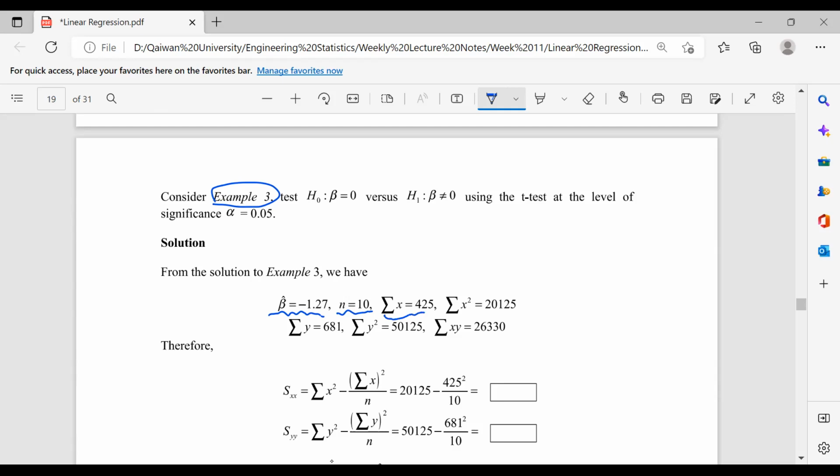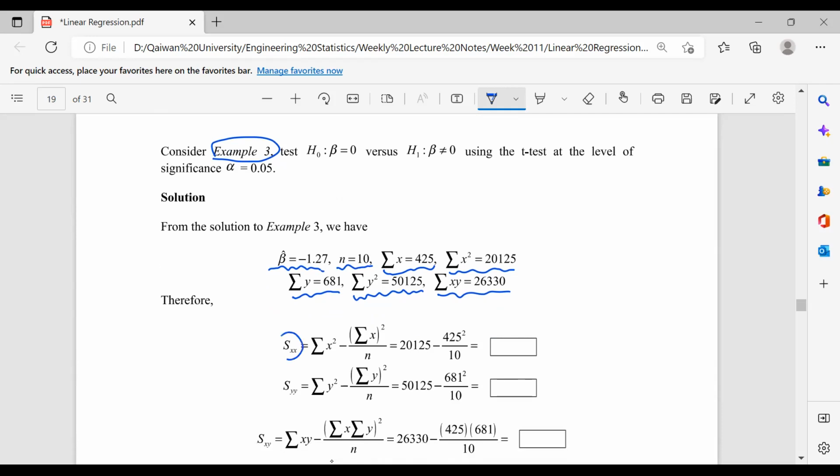The sum of x is 425. The sum of x squared is 20,125. The sum of y is 681. The sum of y squared is 50,125, and the sum of xy is 26,330. Then we need to find s sub xx, s sub yy, s sub xy.